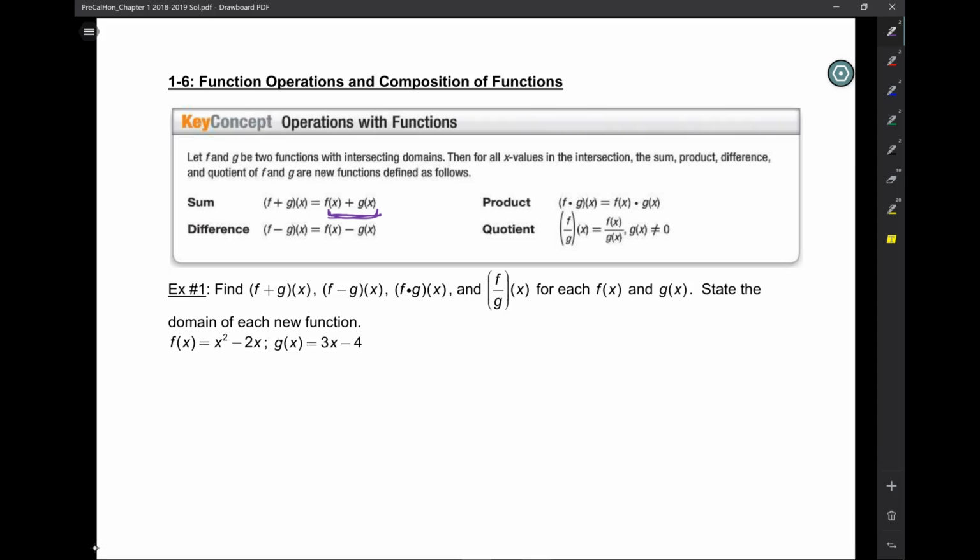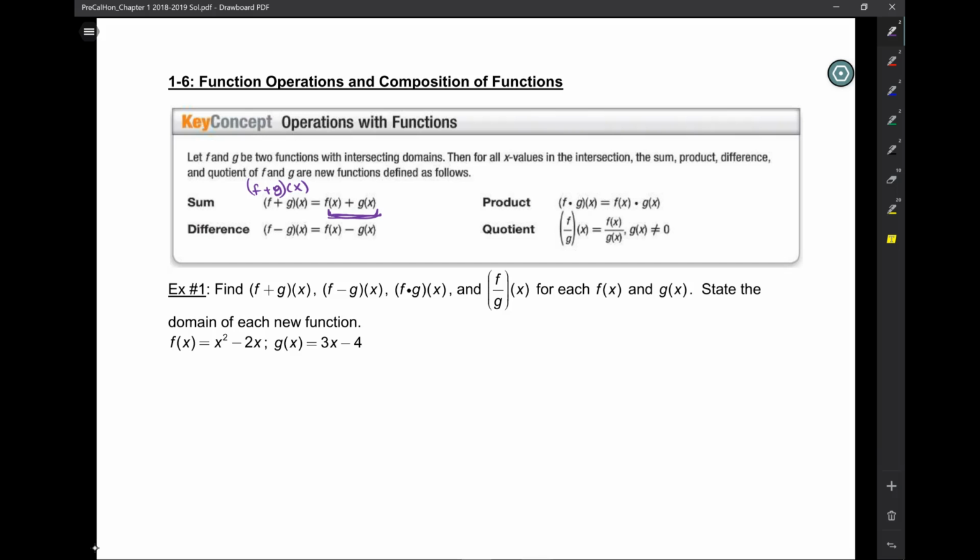You're seeing that little by little, we're getting used to concise notation. Instead of saying f of x plus g of x, I can condense that and just say f plus g of x. So those two are synonymous. They mean the same thing.